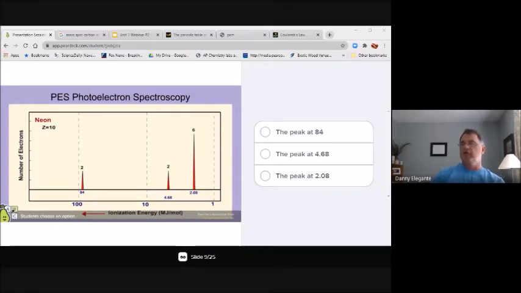And then from there, you could also go, oh, this is 1s2, and then 2s2, that's the 4.68, and then 2p6, 2.08. So even without this wording that says neon up here, we can still get from it that this is neon, because we can go 2 plus 2 plus 6 is 10 electrons. Look on your periodic table and figure out who that is.